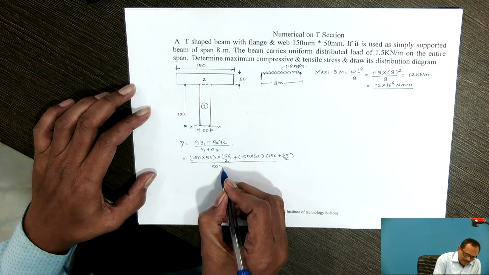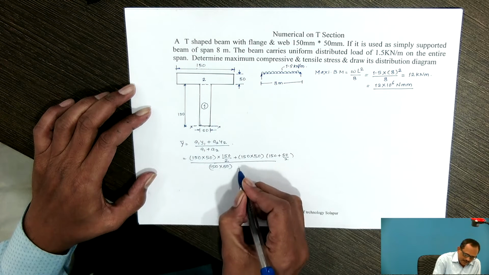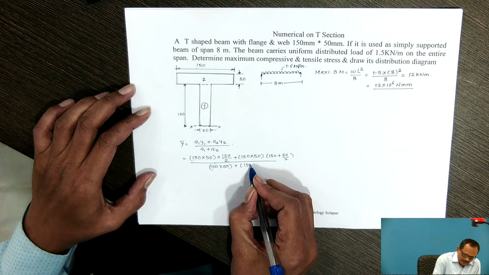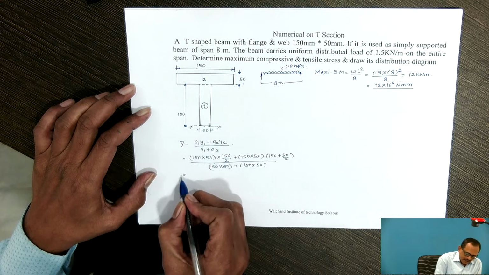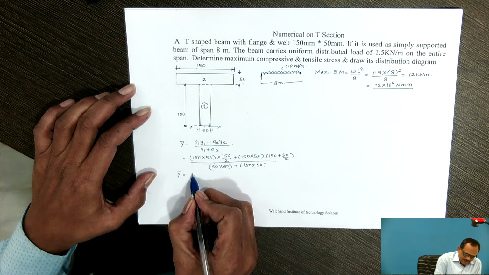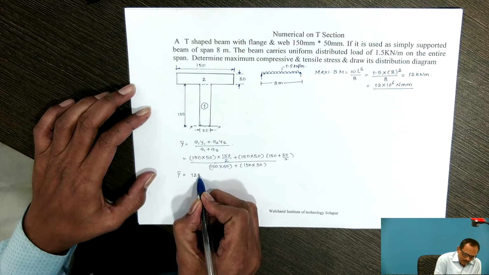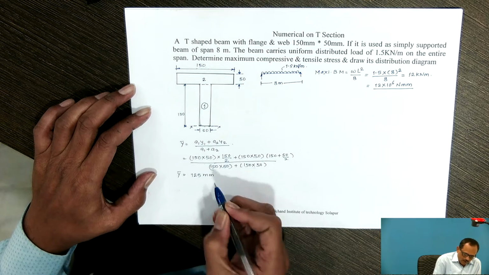A1 is 150 by 50 and A2 is also 150 by 50. By doing the calculation, you will get y bar equal to 125 mm from the bottom edge.